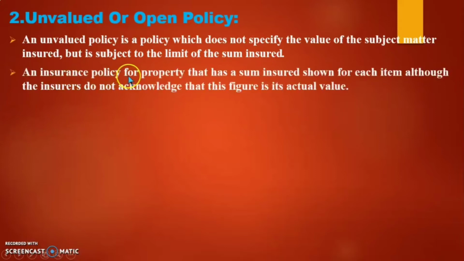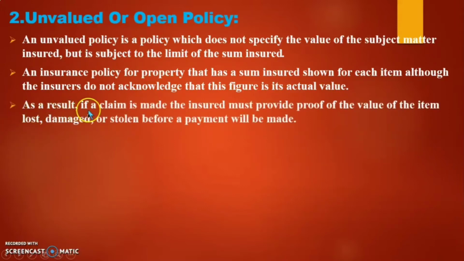An insurance policy for property that has a sum insured shown for each item, although the insurers do not acknowledge that this figure is its actual value. As a result, if a claim is made, the insured must provide proof of the value of the item lost, damaged, or stolen before a payment will be made.